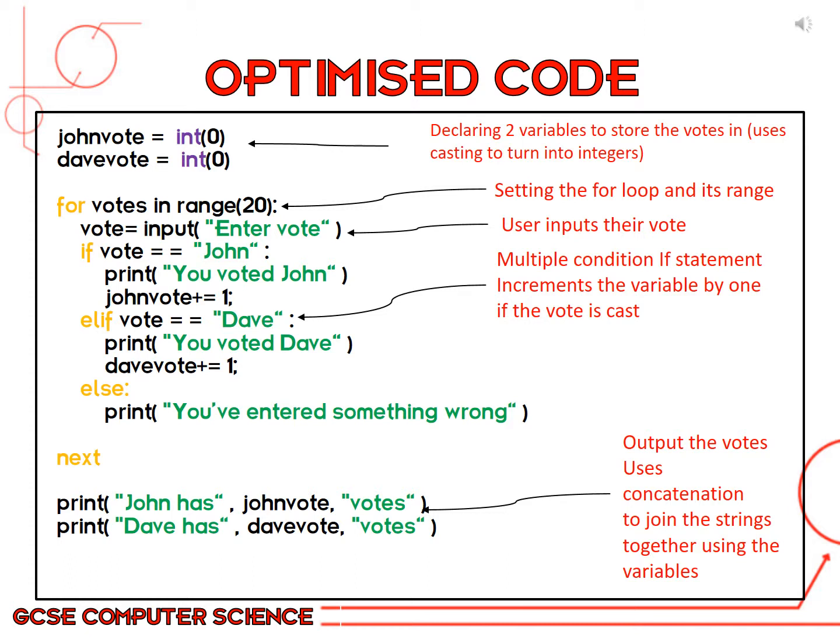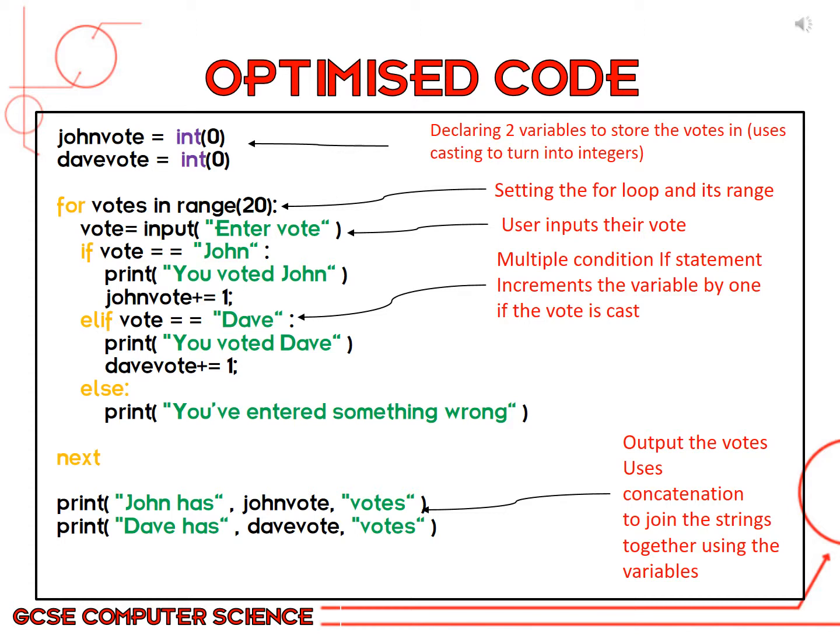If they enter anything else other than John or Dave, then it basically just tells them that they've done something wrong and then goes back to the start of the loop again. The word next at the end isn't actually needed, but I like to put it in just so that it's clear where the for loop is ending and when it's going to go to the next iteration.